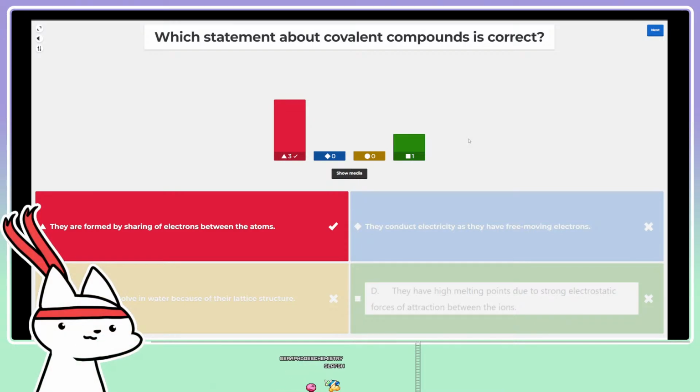When it comes to high melting point, due to electrostatic forces of attraction, that's referring to ionic. So yes.